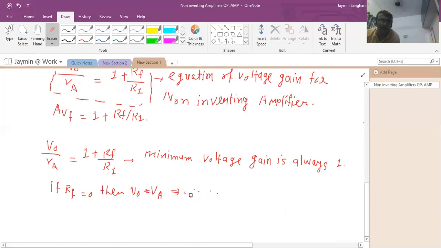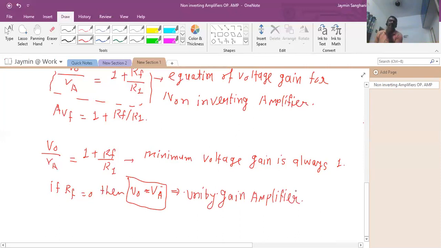RF equal to 0 means what? Short circuit. So V0 equal to VA, which is known as unity gain amplifier.